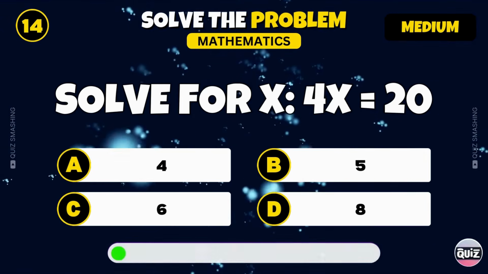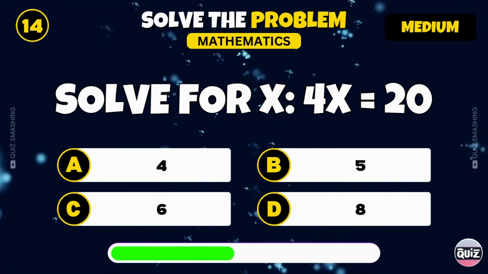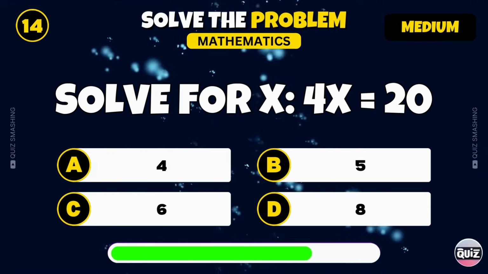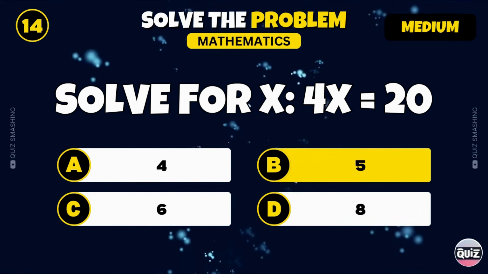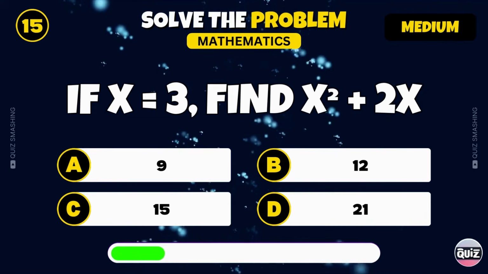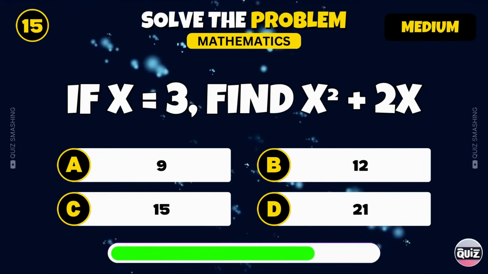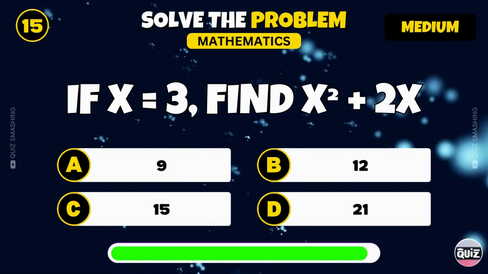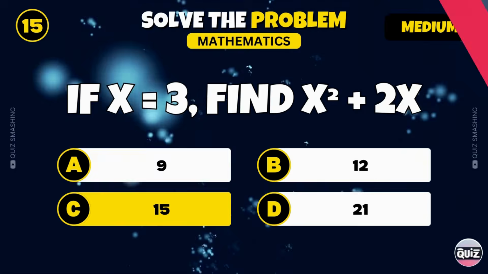Solve for x. 4x equals 20. Exactly, x equals 5. If x equals 3, find x squared plus 2x. Good job, the answer is 15.